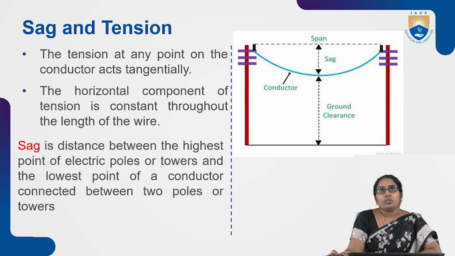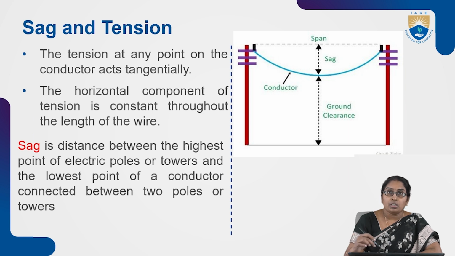On the right side, there is a diagram. There are supporting towers, supporting poles. These two vertical red lines are the supporting towers. Between them, the conductor is suspended.